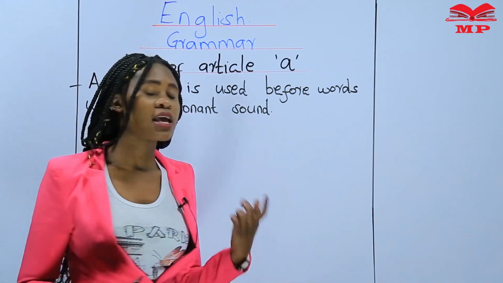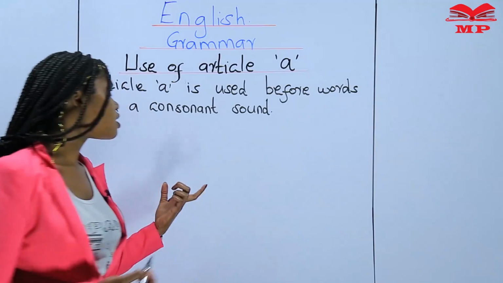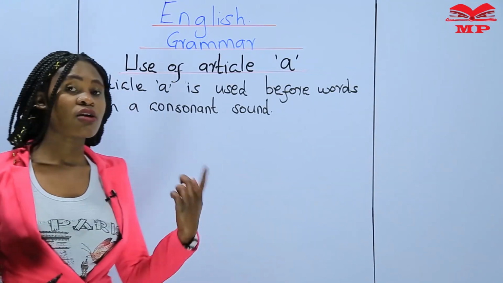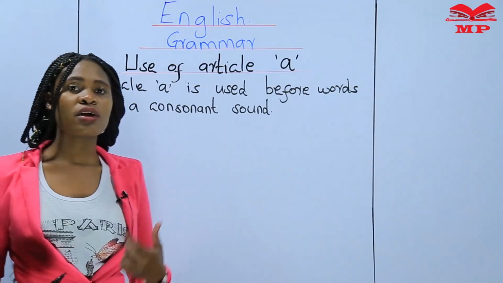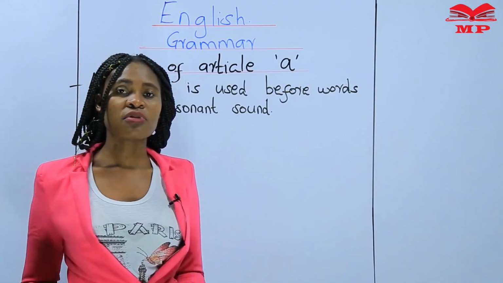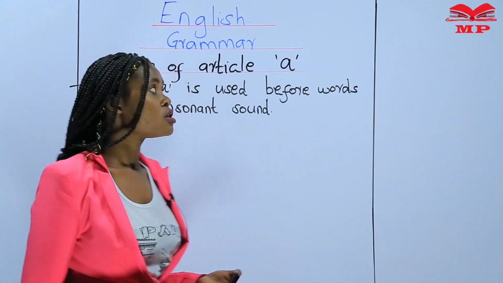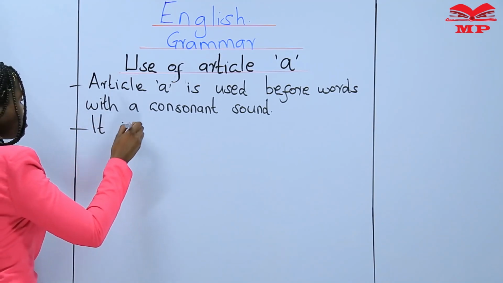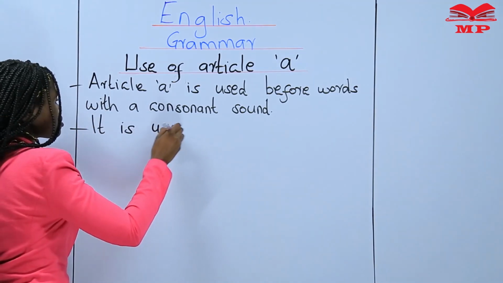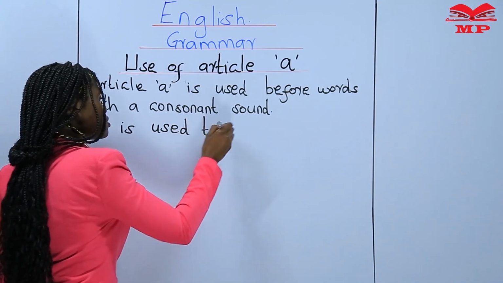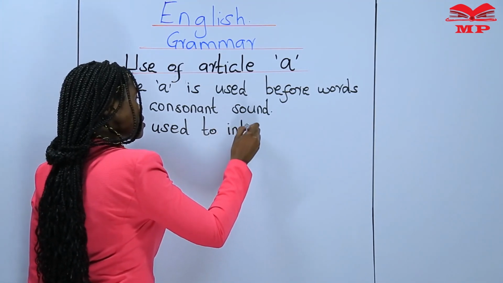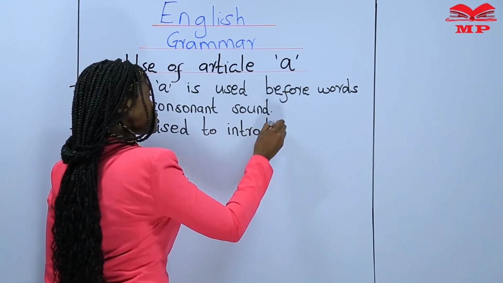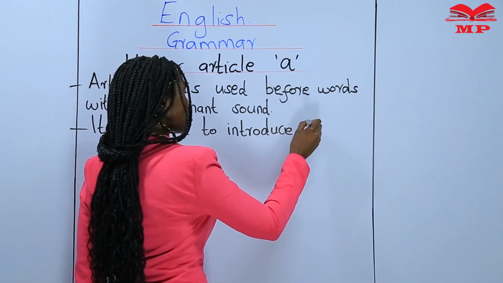So article a is used before words that start with a consonant sound, and the words or the nouns should be countable, something that you can easily count. So it is used to introduce countable nouns.